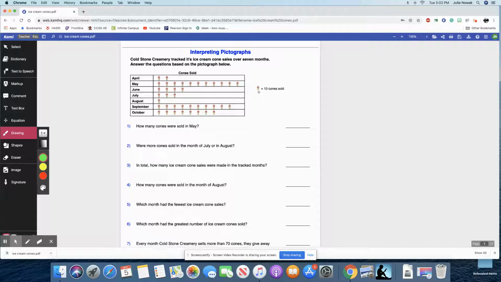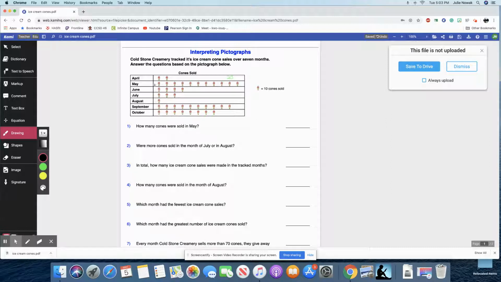Each ice cream cone equals 10. So I can say 2 times 10 or skip count by 10, 10, 20. So I know that I sold 20 in that month. And I'm going to write it down so I don't have to re-add that again or re-multiply it.